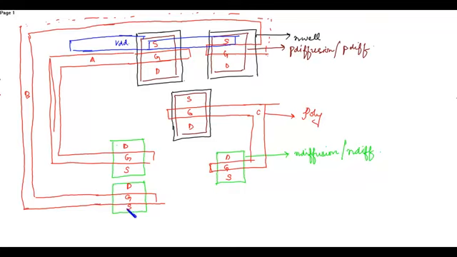and the sources of the NMOS is connected to ground. Okay, now after this, the drain of the PMOS 1 and PMOS 2 is connected with the source of PMOS 3.